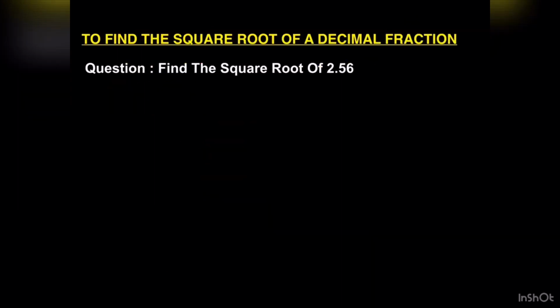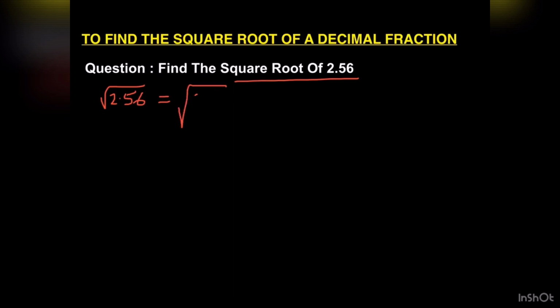Next, let's see how to find the square root of a decimal fraction. Let's understand this with an example. Find the square root of 2.56. Square root of 2.56. This is equal to, first we will write 2.56 as fraction, 256 by 100.